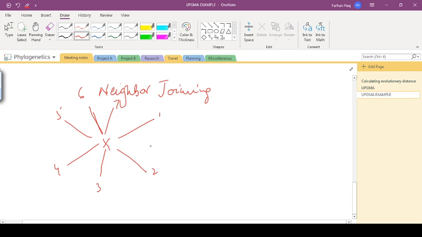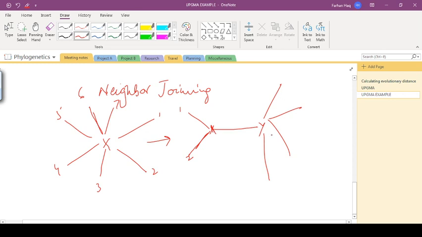It improves the tree. For example, if we assume that A and B are more closely related than the rest of the species, then it will first make a cluster of A and B, 1 and 2, and then generate an internal branch, which is connected to the rest of the tree, which is again in a star-like structure.